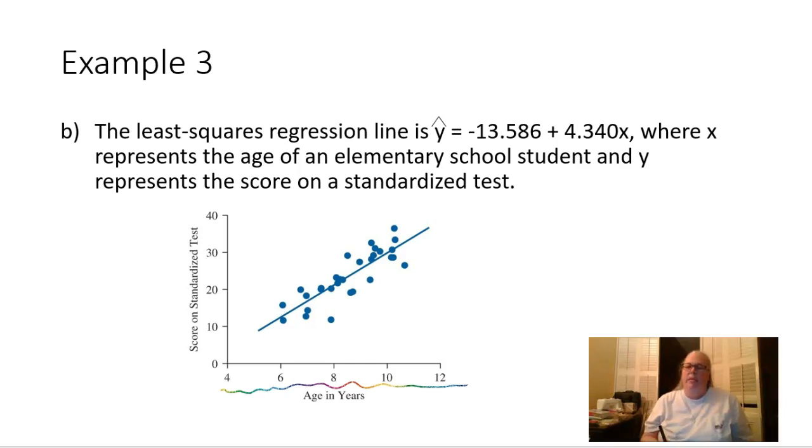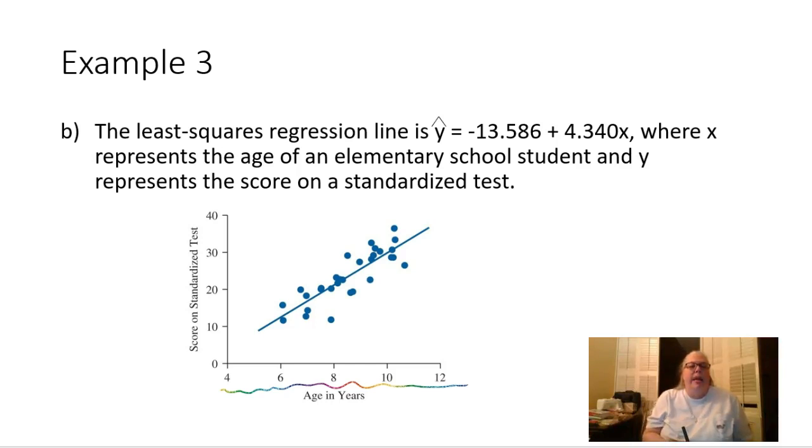That kind of makes sense because if this represents the age of an elementary school student, first of all, we're not going to have any 1-year-olds in first grade or in elementary school. We're probably not going to have any 2-year-olds. There may be a few documented cases of 3-year-olds, and we still allow people to start kindergarten at 4, but they have to be an older 4. And of course, we can't have an age in negative numbers.